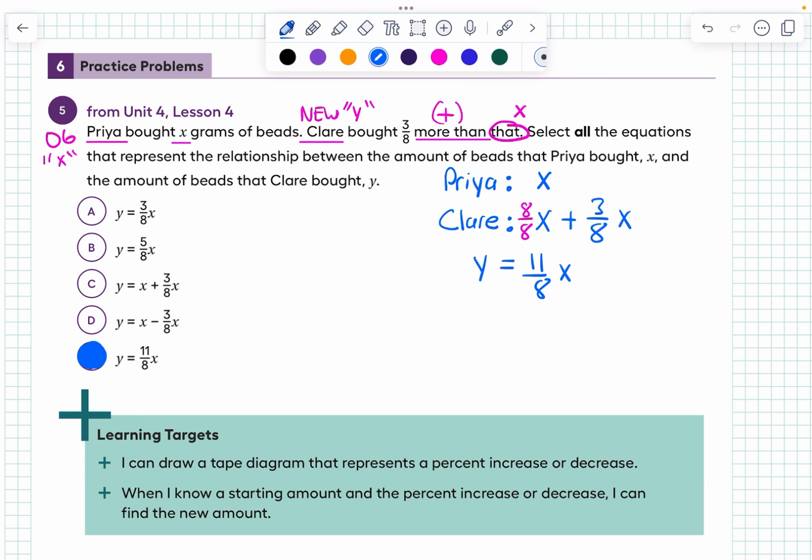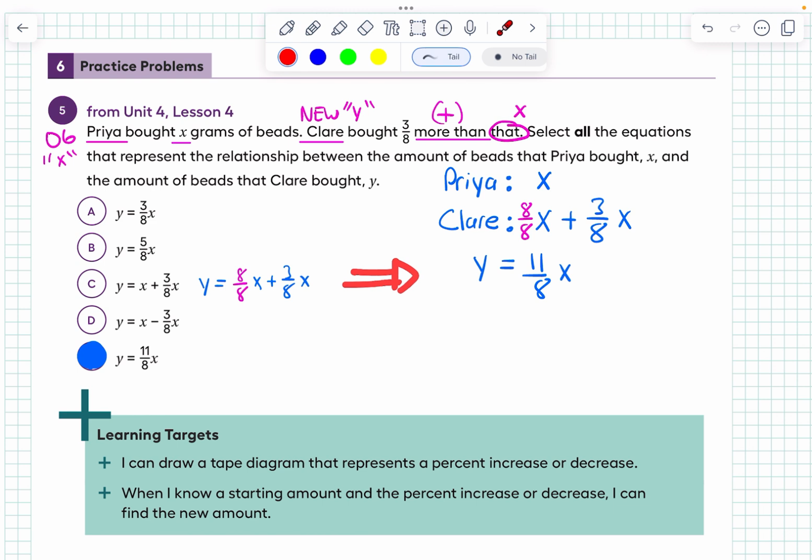And A is not an answer because it says 3/8 X. So you can count that out. You can count out B. Now let's take a look at C right here. You have X plus 3/8 X. Remember that you could rewrite that to be Y equals, we can say 8/8 X plus 3/8 X. And again, that is the same thing of what we got.